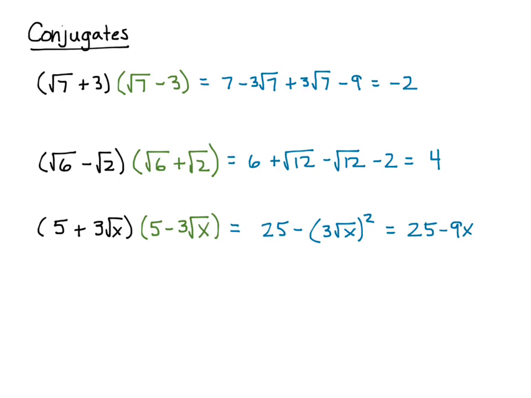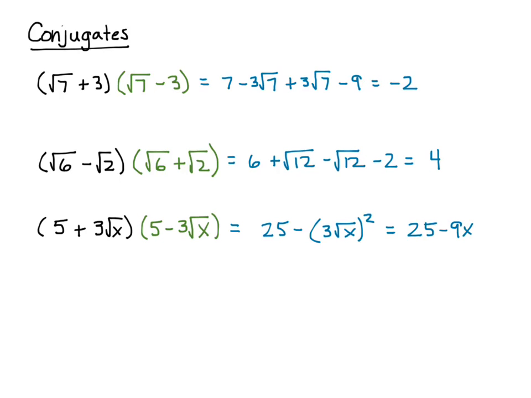Minus 9 gives you negative 2. Same thing here. We can say this is going to be 6 minus 2 is 4. And here we have 25 minus 3 square root of x squared, which makes 9x. And so we get that.